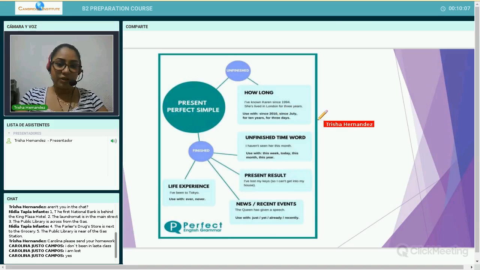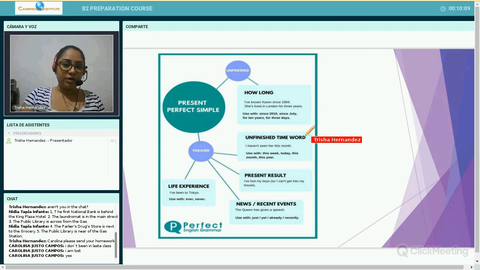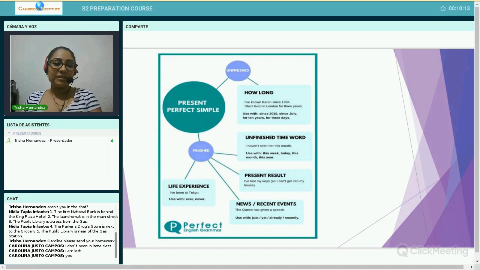She's lived in London for 3 years. Use with since 2010, since July, for 10 years, for 3 days. These are time expressions that we use in the present perfect simple.